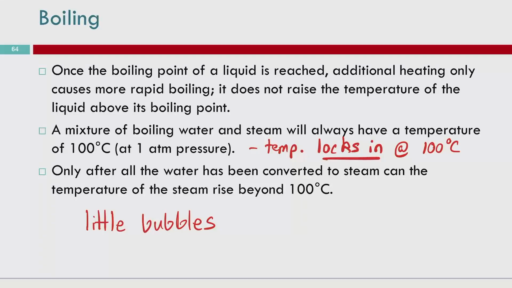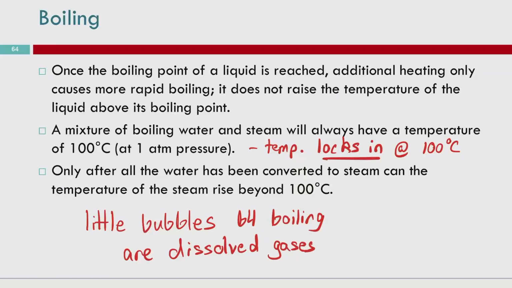Those little bubbles before boiling are dissolved gas leaving. That does mean you're getting closer to your boiling point, but it doesn't mean you're quite at your boiling point. Wait for those weird-shaped big bubbles to come out to know that you're at boiling.